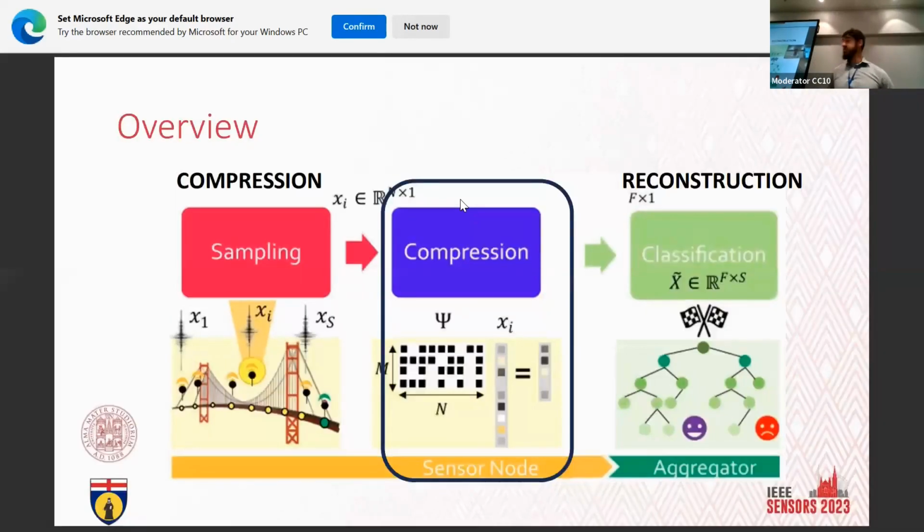So in practice, you start from the sensing node, that is a node that is supplied by a battery, and you want to spend the least possible energy in this sensing node. You want to compress the information, send the compressed information to the aggregation unit, reconstruct. Here you want to reconstruct the original data and then do the inference.